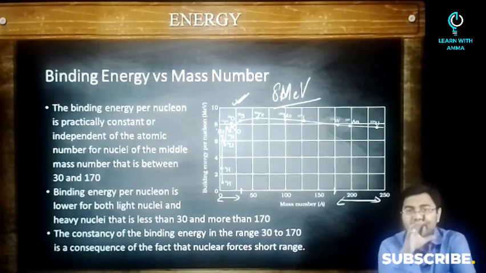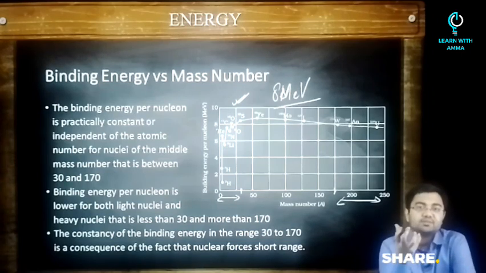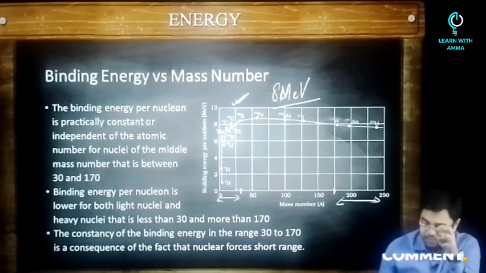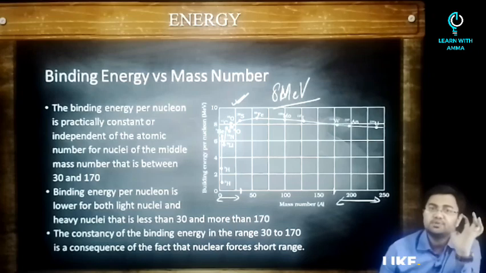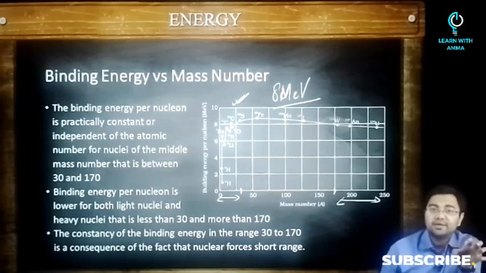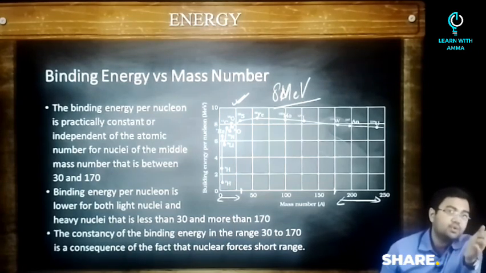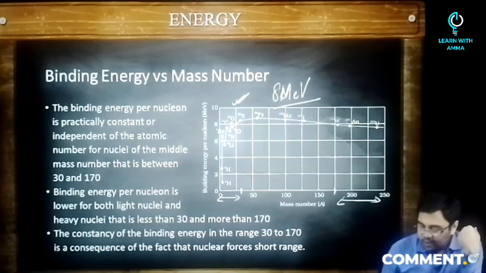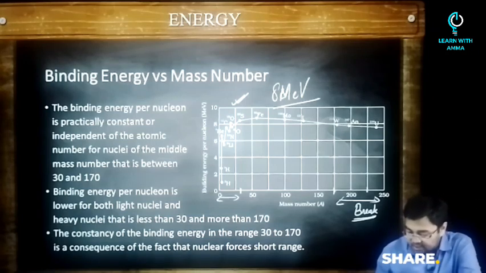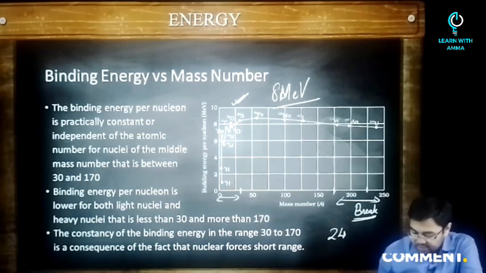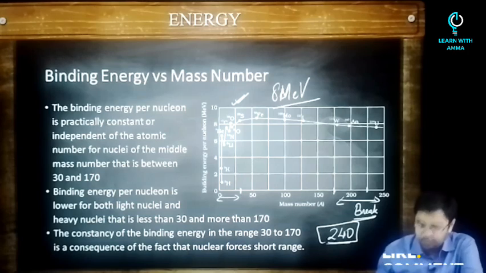Now if binding energy is less, what it means is that if a nucleus wants to attain a higher binding energy, what would it have to do? I am talking about a heavier nucleus. It would have to break. Suppose you have something with a mass number of 240.